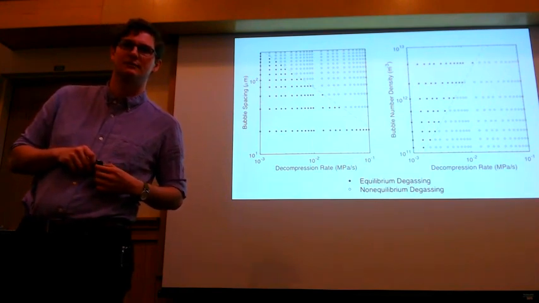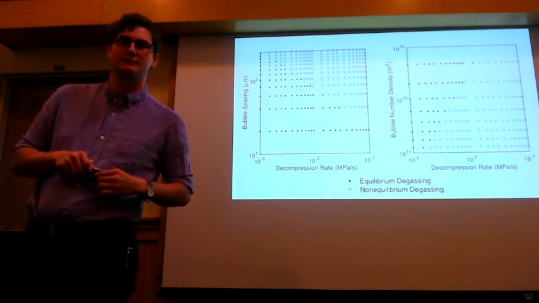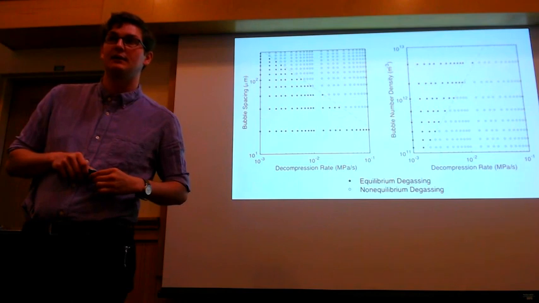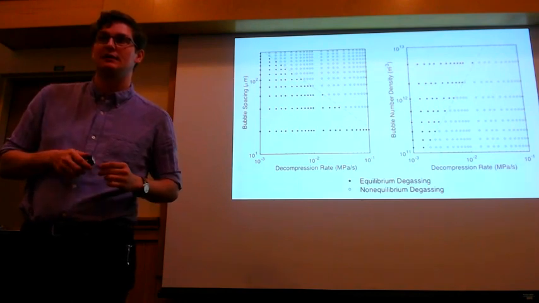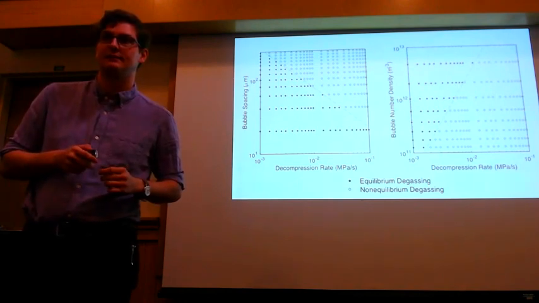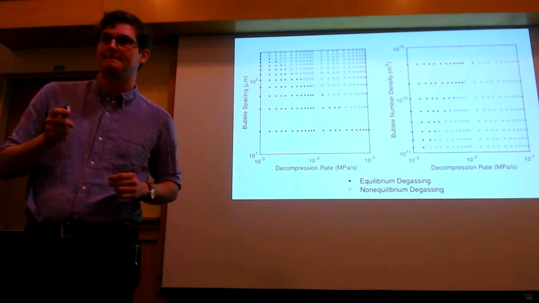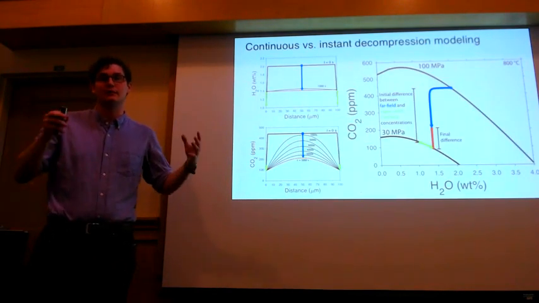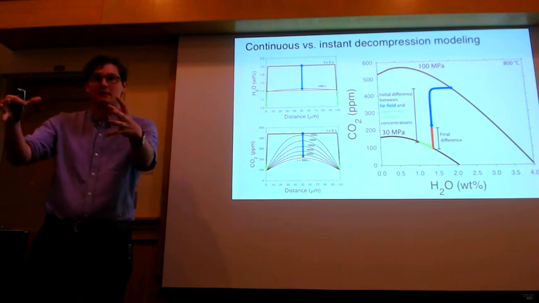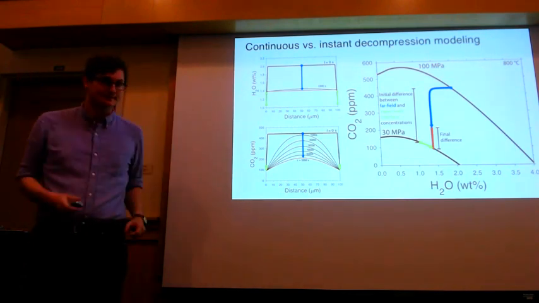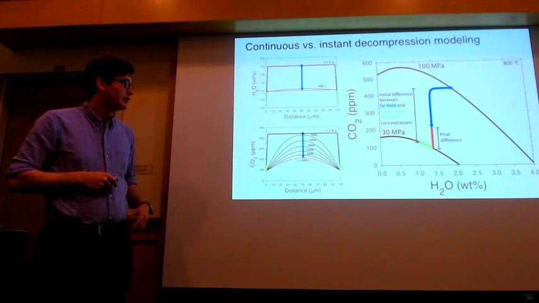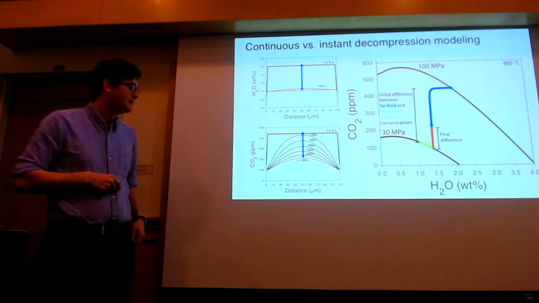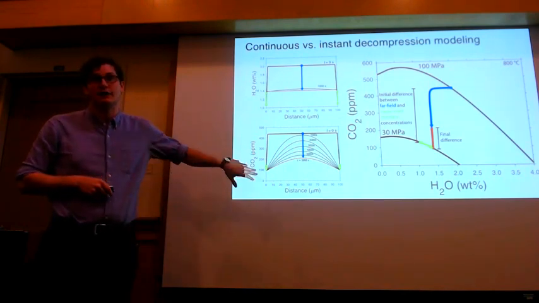Am I missing your question? Well, so what is equilibrium? Equilibrium between what? One of those curves that you showed before, it still matches that curve, or flatter than that, that's equilibrium, right? Yeah, so right here. We define equilibrium as equilibrium between the magma and the bubbles. And so when you're in equilibrium, you would expect to have a flat profile for carbon dioxide and water.